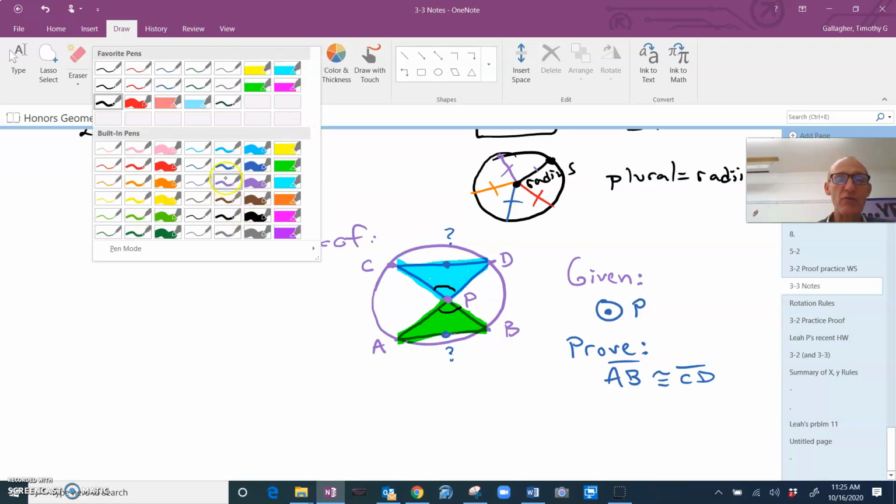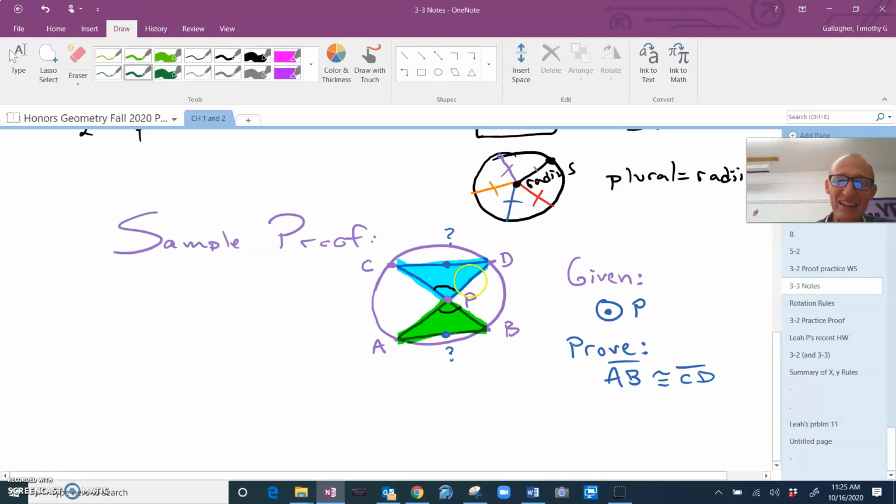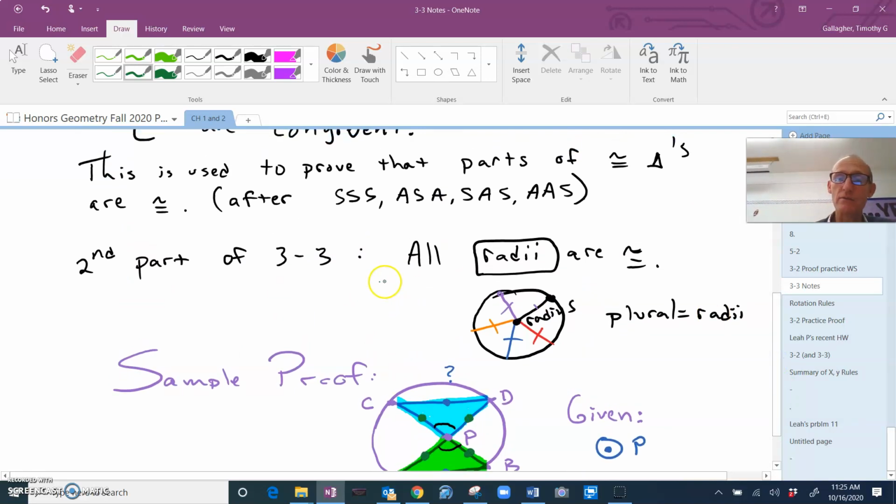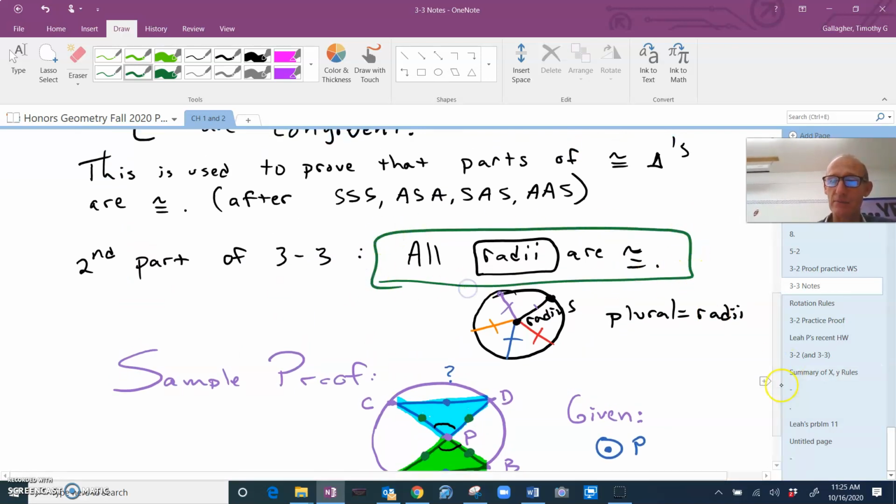And in this section, before we start going into the proof, you need to see that this segment is a radius, this segment is a radius, and this segment is a radius. And all radii are congruent. That is a fact.